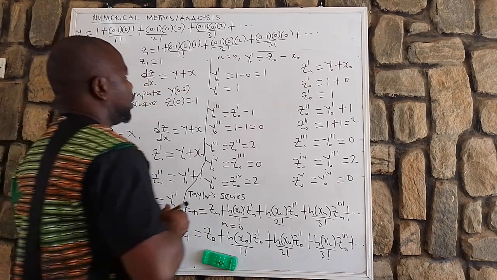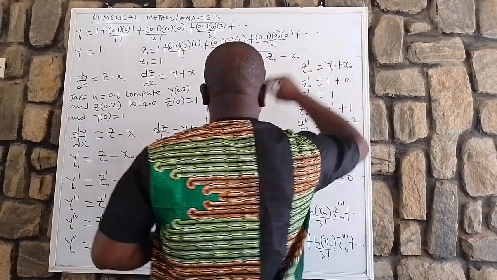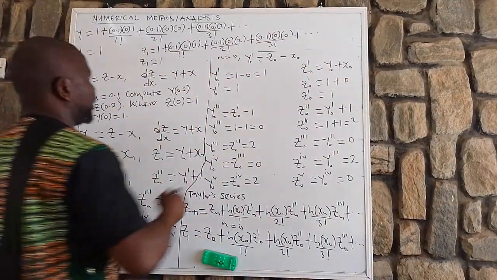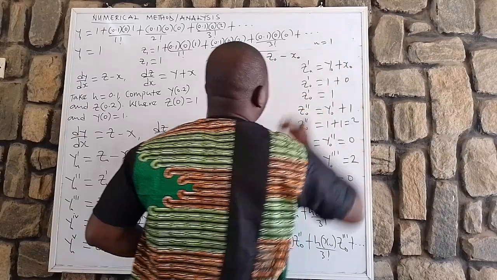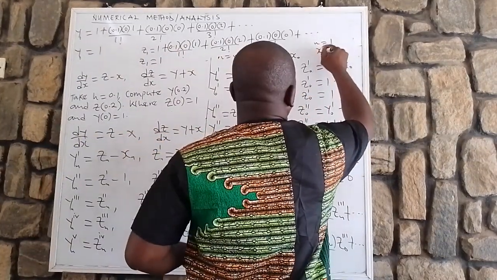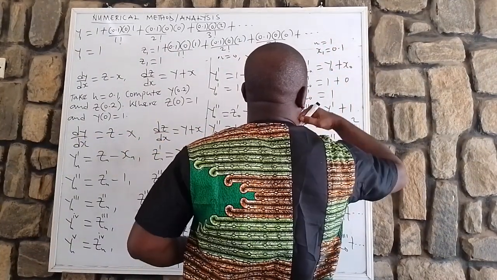It means when n is equal to 1, our x1 will now be 0.1.